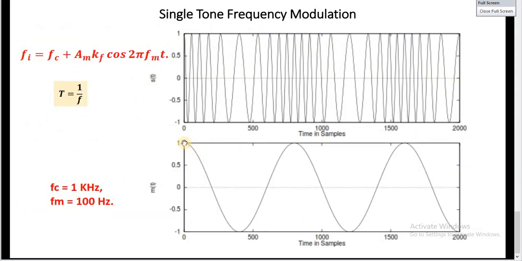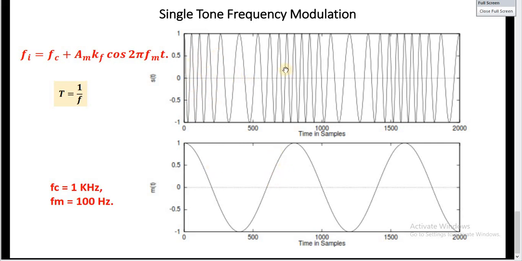In this figure we see the message signal Am cosine 2 pi fmt. We took a message signal with frequency 100 Hz and amplitude 1, and plotted the message signal m of t. Okay, we also plotted the modulated signal S of t equal Ac cosine 2 pi fct plus beta sine 2 pi fmt.